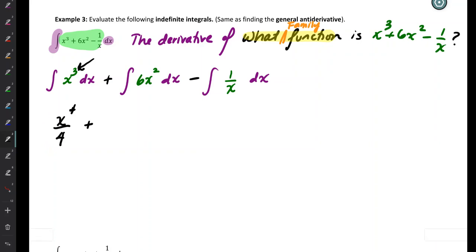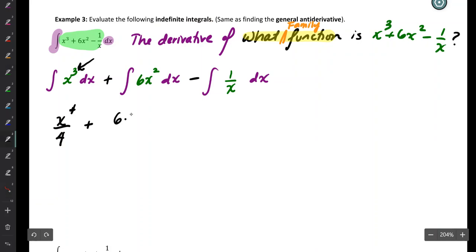Plus, I see a constant multiple times a function of x. Just like the derivative of a constant times a function is just the constant times the derivative of the function. Going backwards, i.e. doing an antiderivative, i.e. doing an indefinite integral, that constant multiple is coming along for the ride.